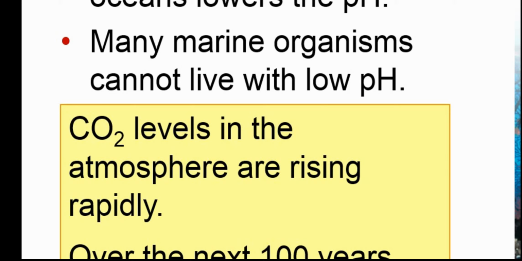I'm going to tell you a little secret about atmospheric carbon dioxide. While industrialization and deforestation get a lot of attention, the biggest source of atmospheric carbon dioxide is the ocean itself. Because it turns out not only can carbon dioxide dissolve into the ocean, it can also evaporate out.